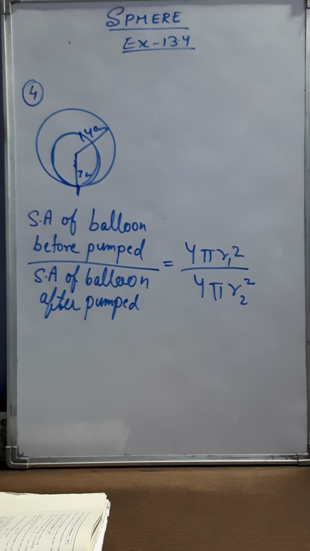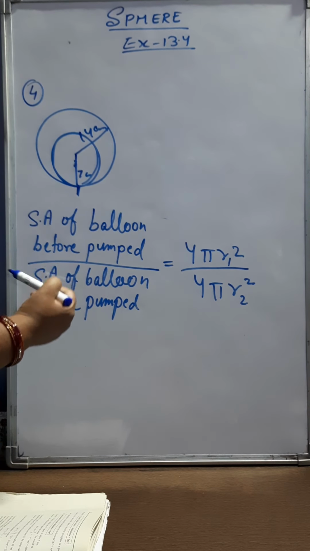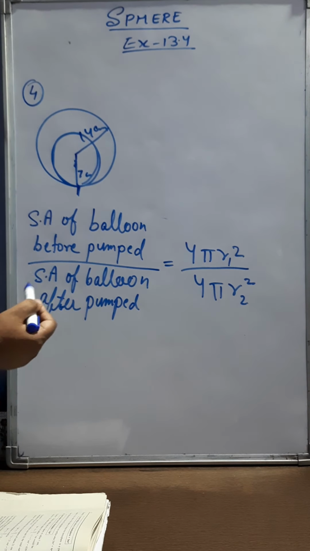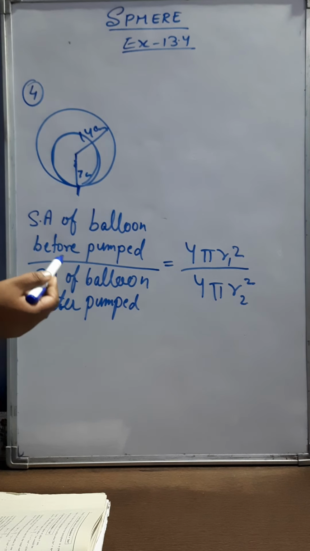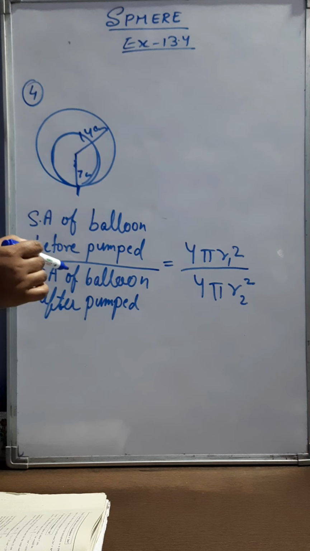The question is to find the ratio of the surface areas of the balloons. So here I wrote surface area of the balloon before pumped divided by surface area of the balloon after pumped. The structure of the balloon is not changing. In both cases, the balloon is in the form of a sphere only.